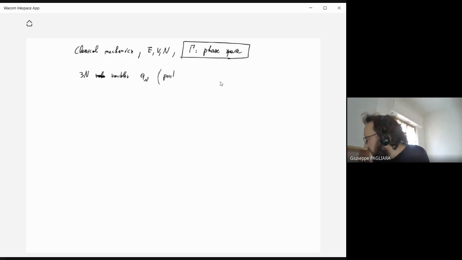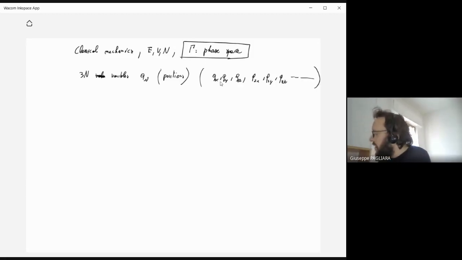The q_i could be, for instance, q_x, q_y, and q_z for particle 1, then q_2x, q_2y, q_2z, etc. So I have a 3-dimensional space.